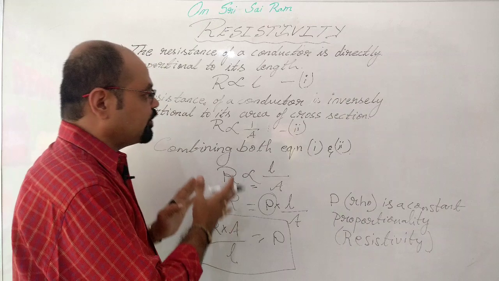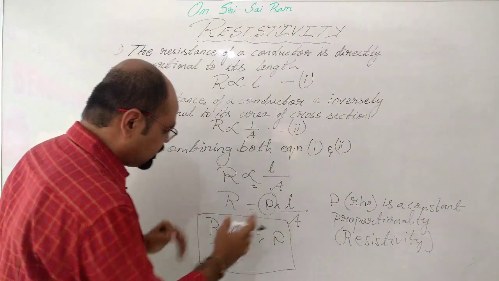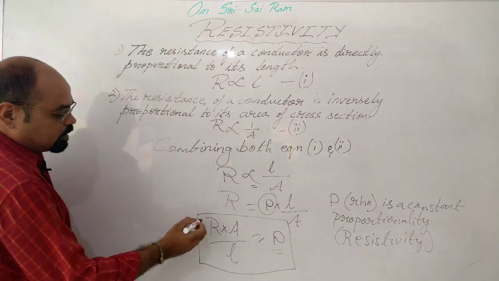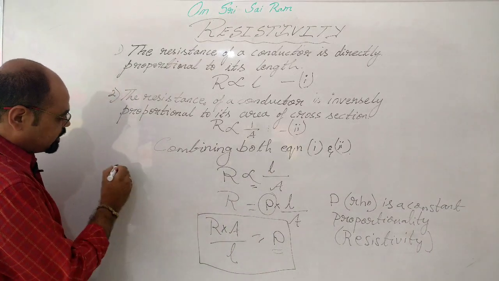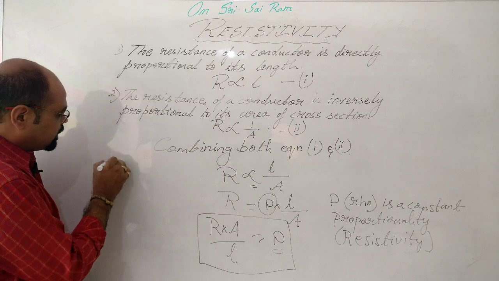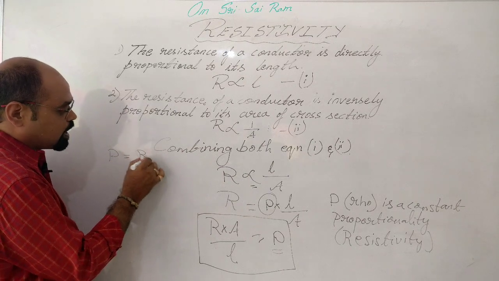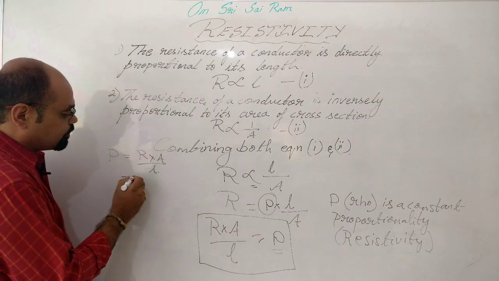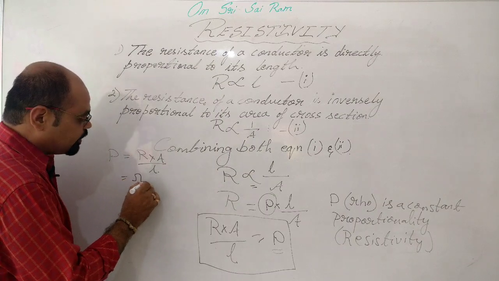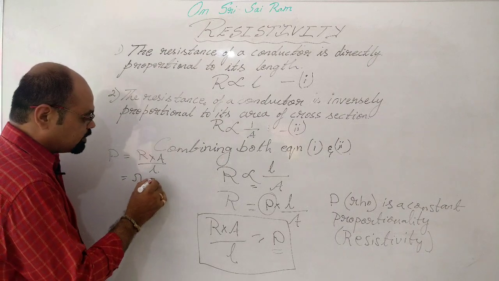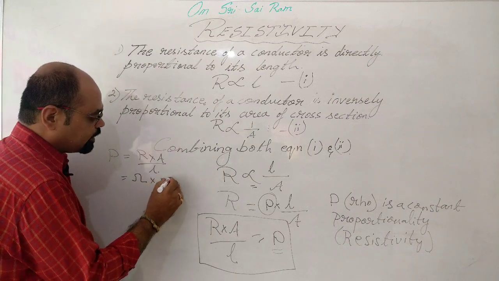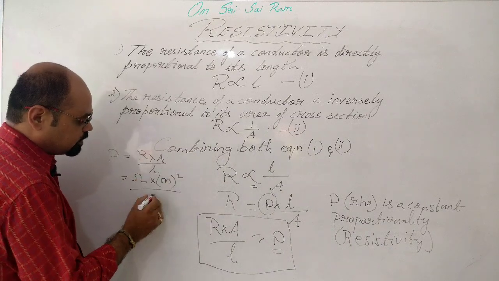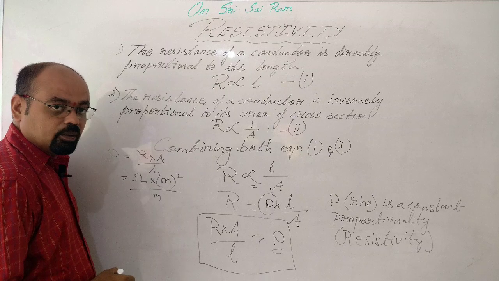Coming to its SI unit, let's discuss what the SI unit of resistivity is. We have rho equals R into A by L. The SI unit of resistance is ohm, and area is meter square, divided by length, whose SI unit is meter.